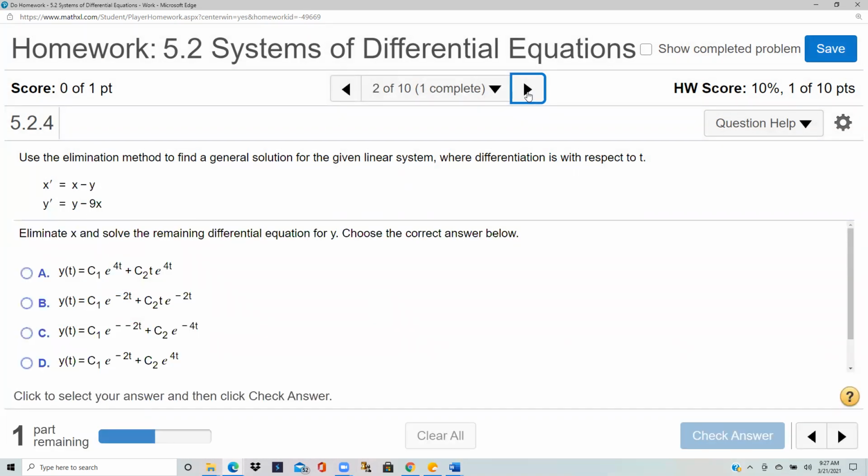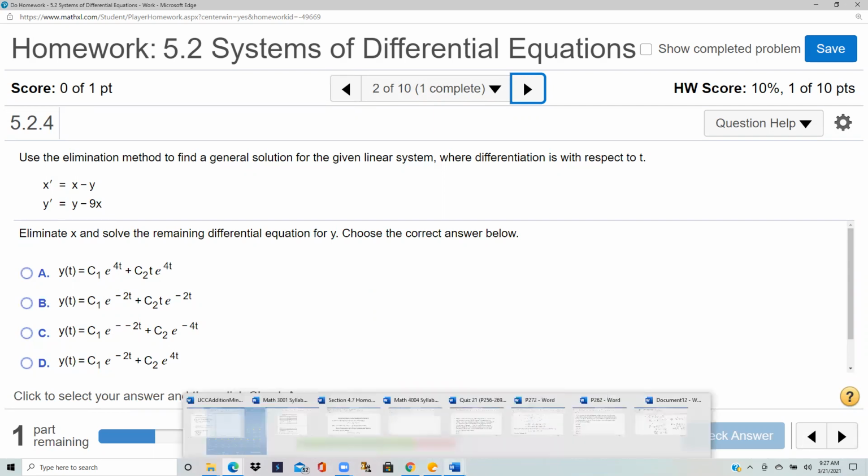Here, there doesn't seem to be a simple way of substituting something from one equation to the other and eliminate one of the variables. So the general method in these problems is to use a differential operator. So let's rewrite the problem. x prime is equal to x minus y, and y prime is equal to y minus 9x.